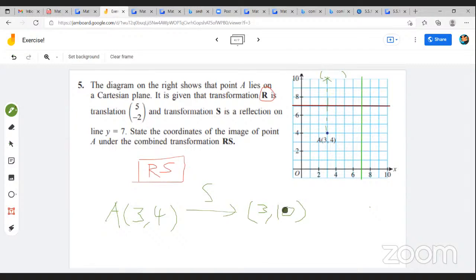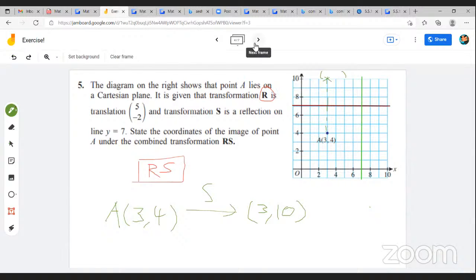They will award you 1 mark already because you showed that you did the first transformation S. But is that the final answer? These are usually 2 mark questions. But yeah, this is usually not the final answer.